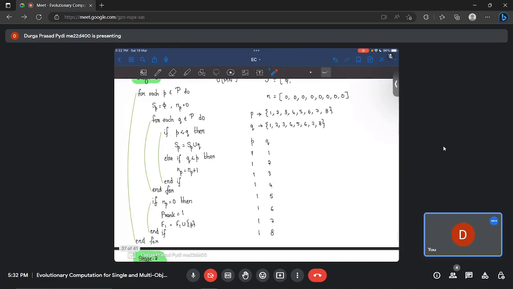So P is not less than Q, and it goes to the next case: is Q less than P? Since both solutions are equal, even this case is not satisfied. So none of them gets updated, neither SP nor NP. In this scenario, we don't have any relation.